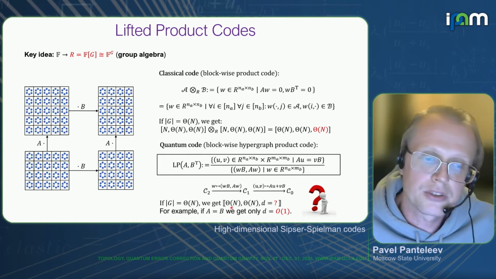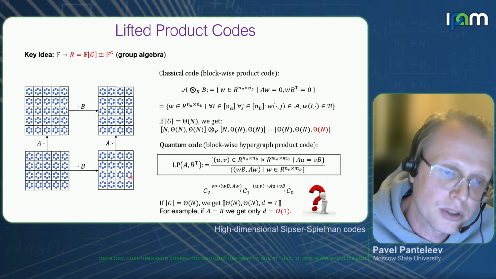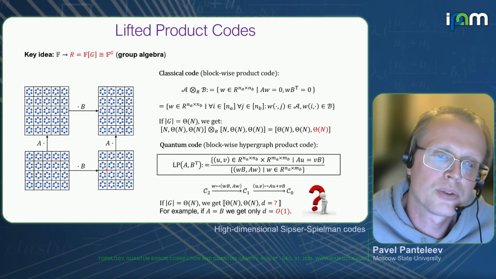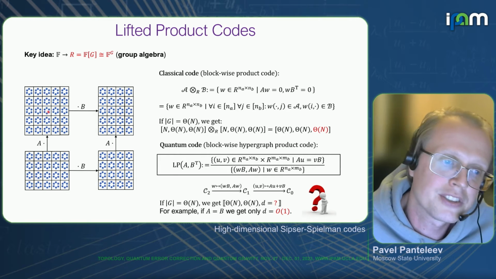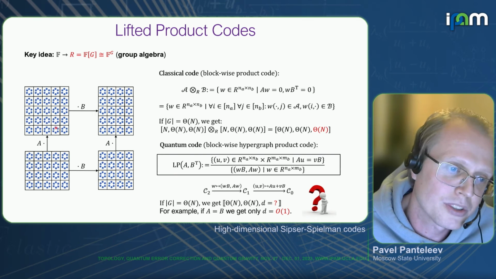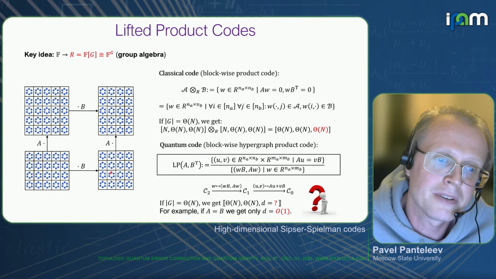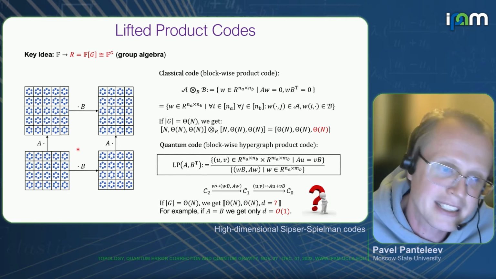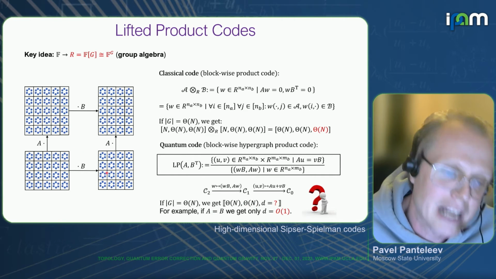And this lifted product code, it is quite easy to check that it also has constant rate. The proof that this code has constant rate is exactly the same as for the hypergraph product code.